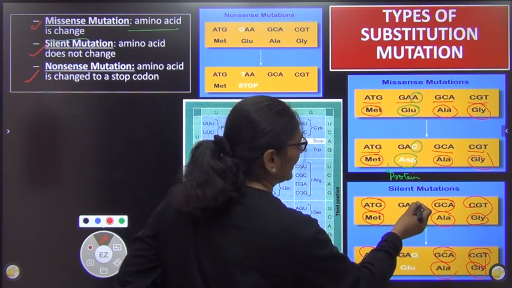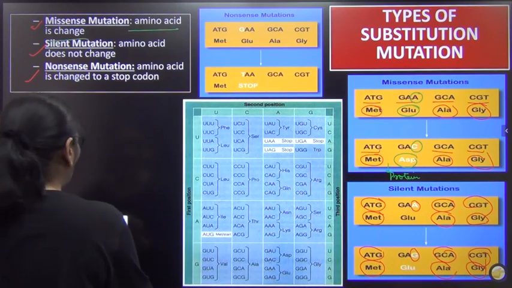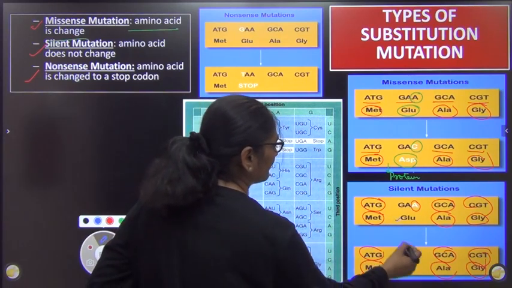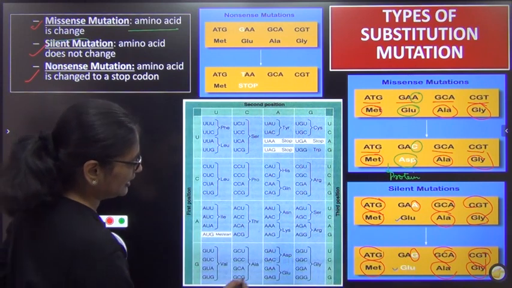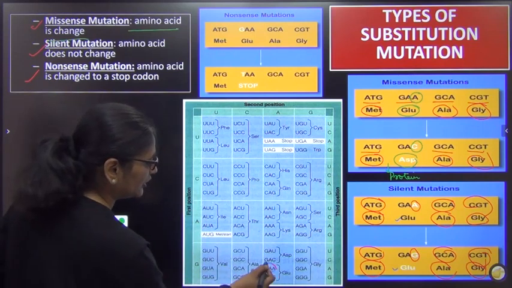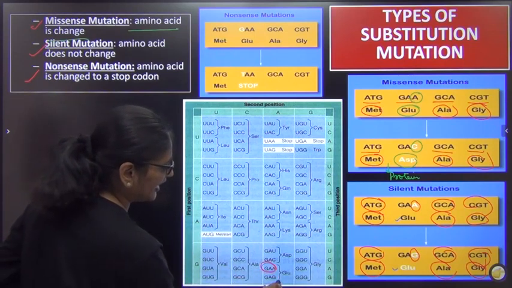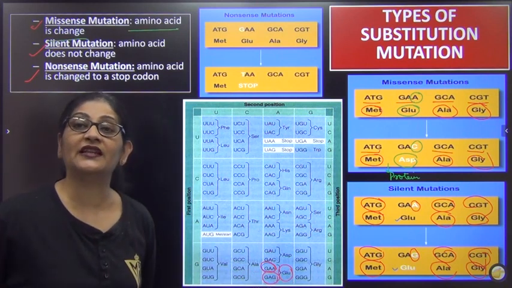Here in GAA, the A has been replaced by G, but the amino acid corresponding remains the same. Why? Because if you look at this chart, you will see that GAA and GAG, both of them code for the same amino acid, that is glutamine.